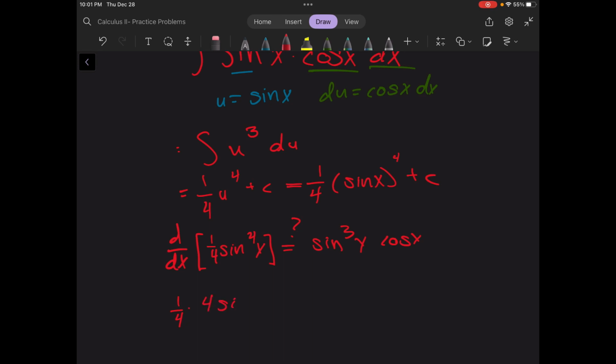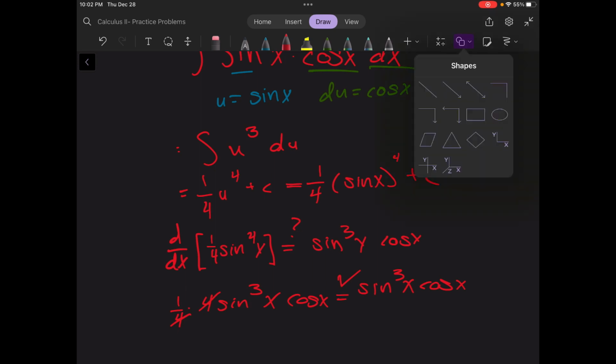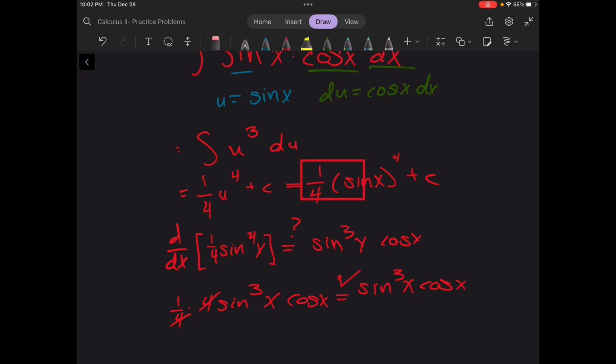The sine power is going to get reduced by 1. And then the derivative of the inside is cosine x. So that's just the chain rule. Hopefully that's equal to sine cubed x cosine x. Because then we know we did it right. So the 4 and the 1/4 cancel, and yep, we did it right. So we know that our answer here is correct.